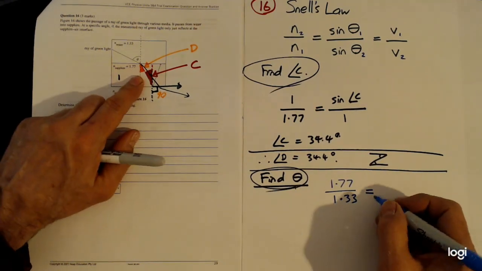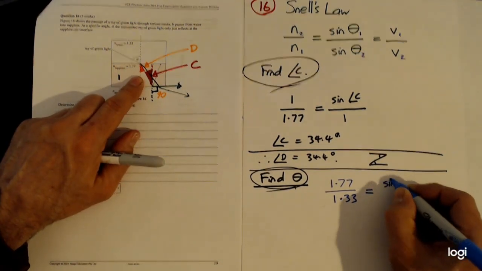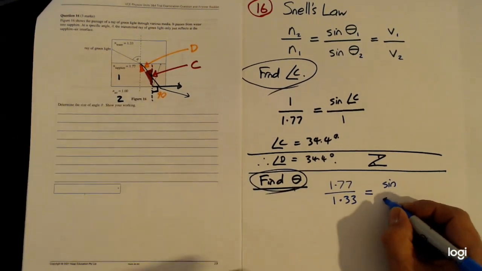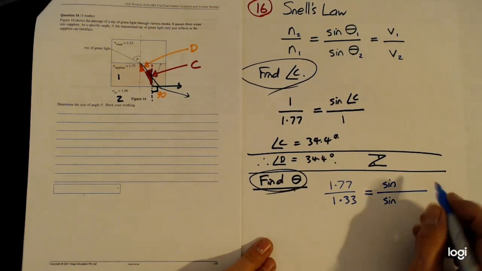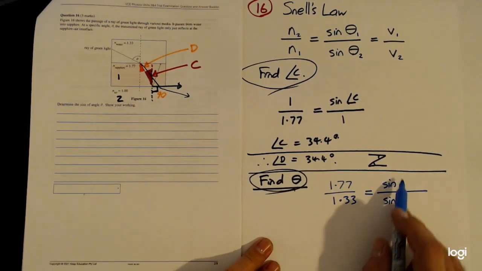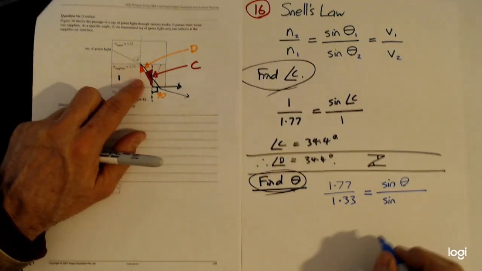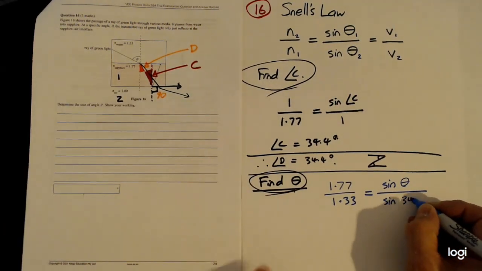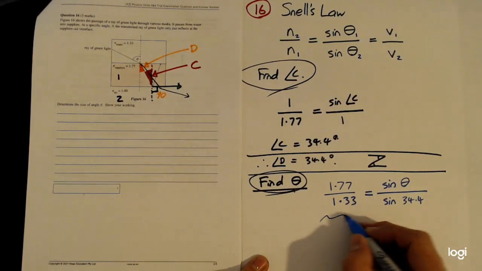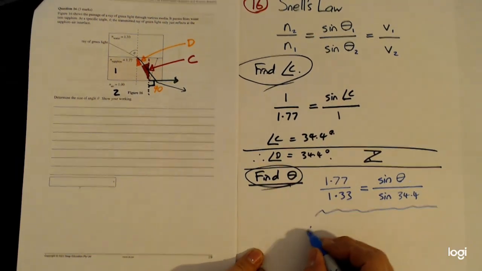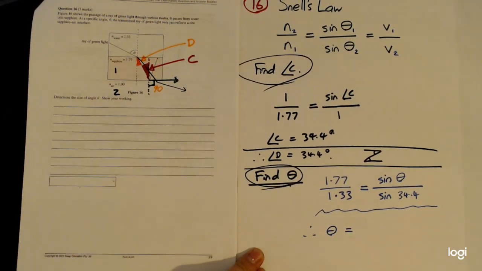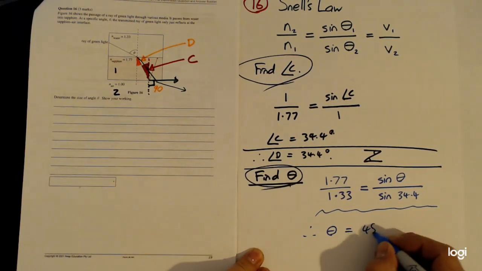It's N2 over N1, but it's sine 1 over sine 2, right? So the sine of theta, that's the one we're trying to find, divided by the sine of 34.4. And you solve that, and you end up getting theta. It turns out to be 48.8 degrees.